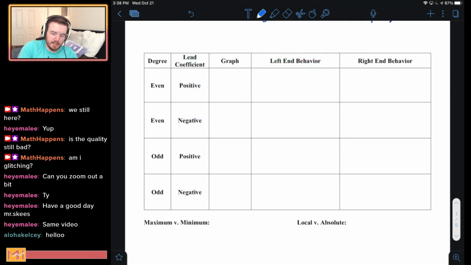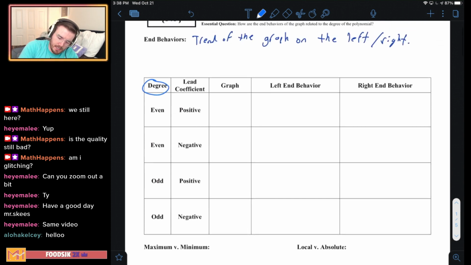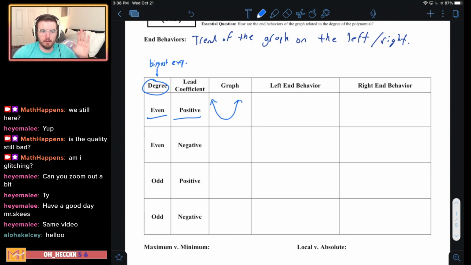So, what is the degree of a function? That is the biggest exponent. So you might have x to the third, x to the fourth, x to the fifth, x to the sixth, whatever it may be. If it's even, and if the lead coefficient is positive, your graph is going to go up, up.